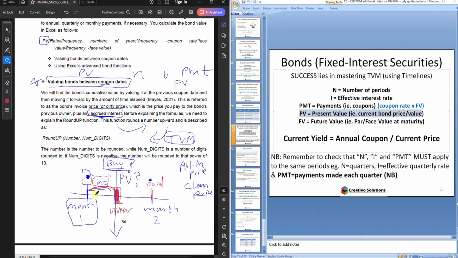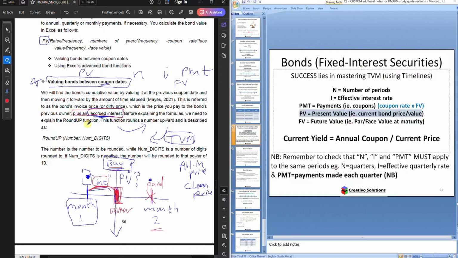The coupon is only going to pay out on the next day of the month, but because I bought the bond halfway through the month, technically I'm entitled to some of this interest. Does it make sense? Yes. And that's this whole concept of accrued interest.